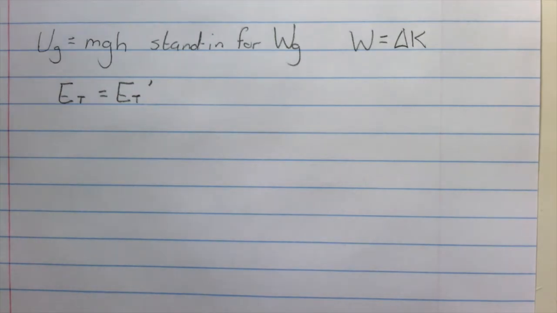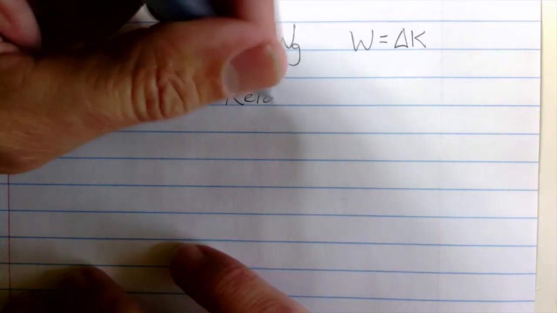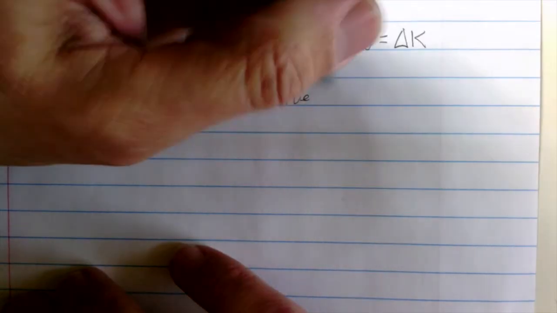So what I choose for my reference point really depends on what kind of problem I'm trying to solve. And in any problem with potential energy, you're usually just trying to find kinetic energy at some other location, or how much work was done by some other force. So these are just very relative to the reference point.